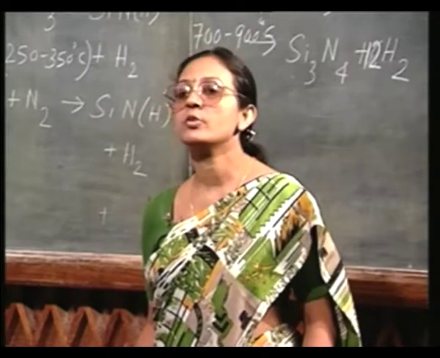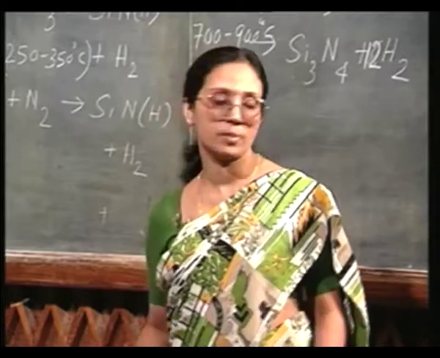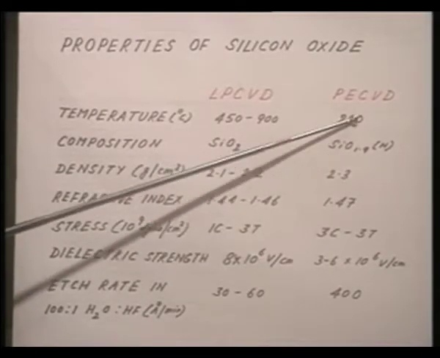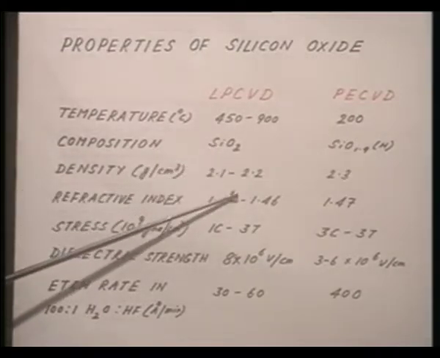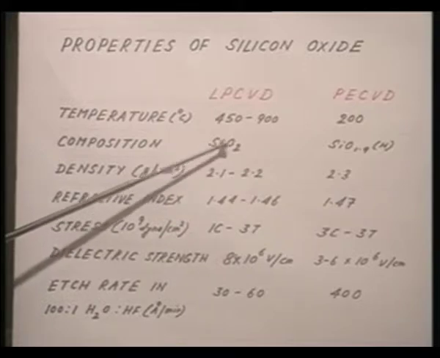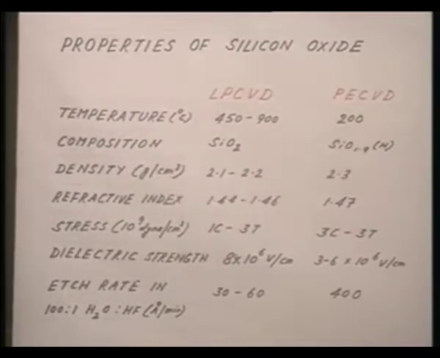On the other hand, if you use plasma enhanced chemical vapor deposition process, then the temperature of deposition is only 200 degree centigrade. Here also we have a slight variation in composition, but not as significant as in case of silicon nitride deposition. While for chemical vapor deposition you have a perfectly stoichiometric SiO2, in this case you have slightly less oxygen, the films are slightly silicon rich, SiO 1.9 with some hydrogen incorporated in it.